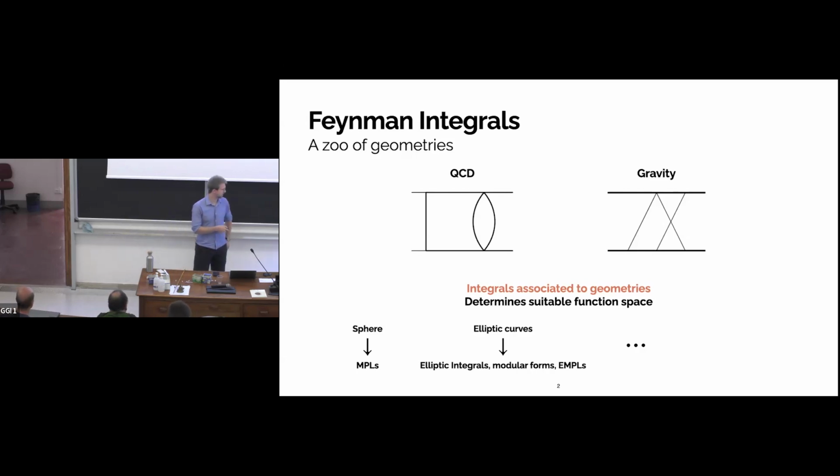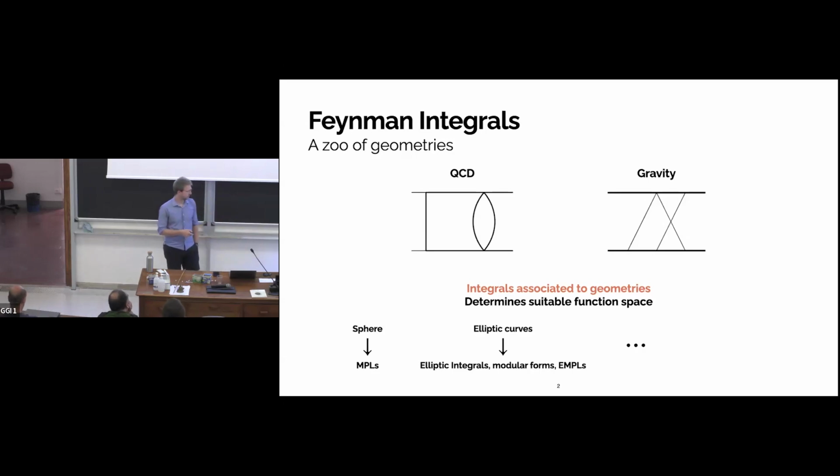So these are just generalized polylogarithms. Then there are integrals associated to elliptic curves, and these can be expressed in terms of elliptic integrals, modular forms, and generalizations of multiple polylogarithms to elliptic curves.